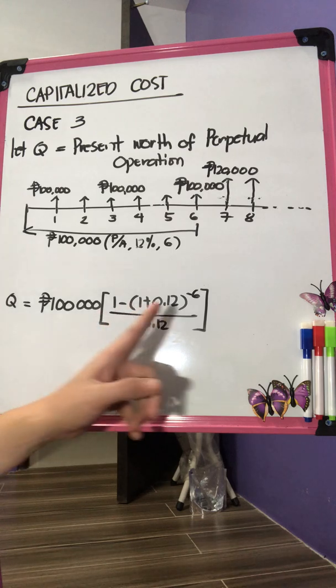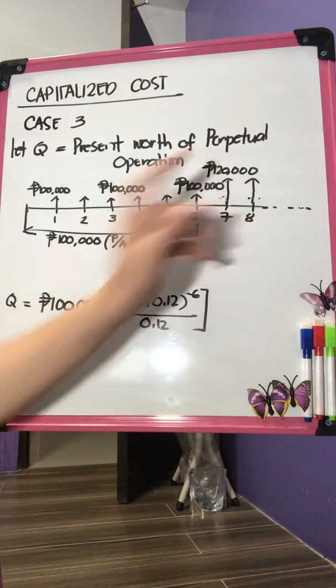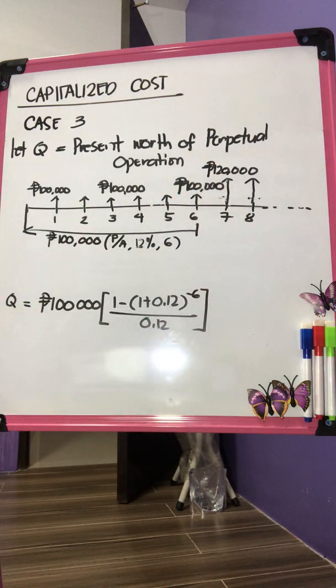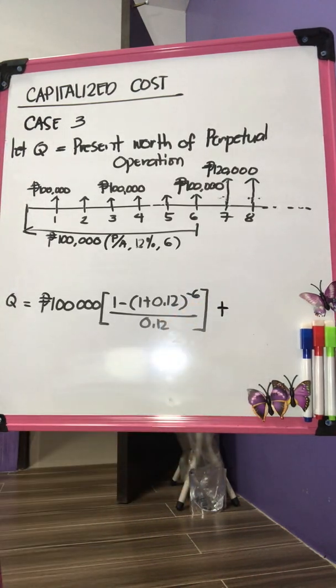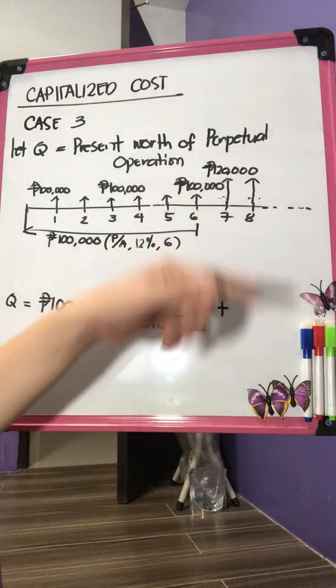Okay? So, move naman tayo dito sa 120,000 na indefinite yung time. So, thereafter. So, ibig sabihin, that is application of perpetuity. So, plus, dito naman tayo sa 120,000 na operating expenses natin after 6 years.